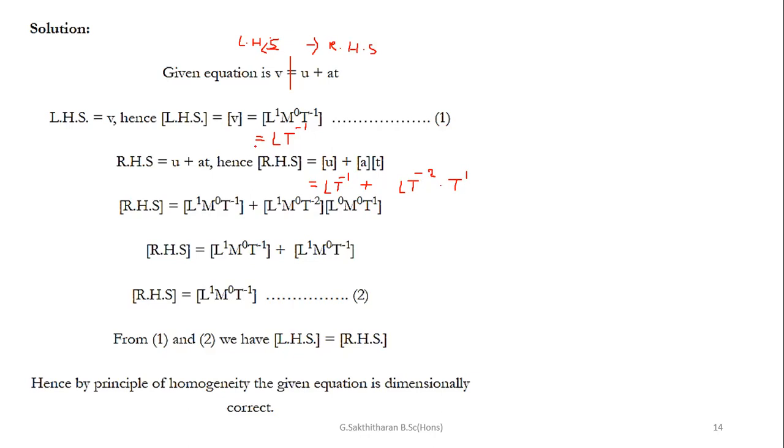So the final velocity has dimension LT minus 1, the initial velocity has LT minus 1, and the multiplication of a and t is LT minus 1.